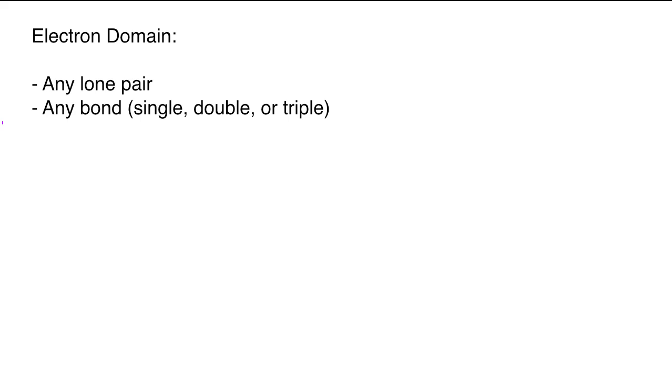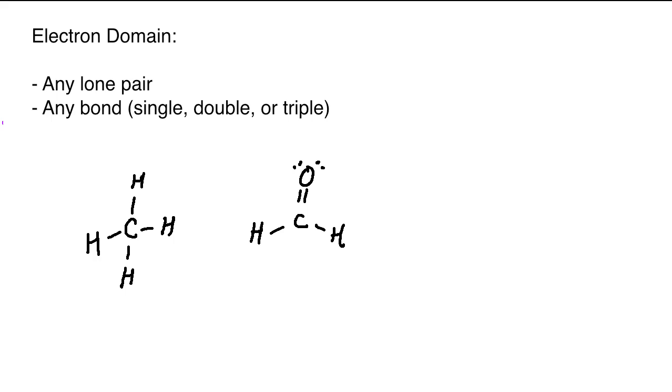So let's stick to the molecules we were using as examples because they'll make sense to us. So here is methane. Here is the formaldehyde, and then here's the acetylene.